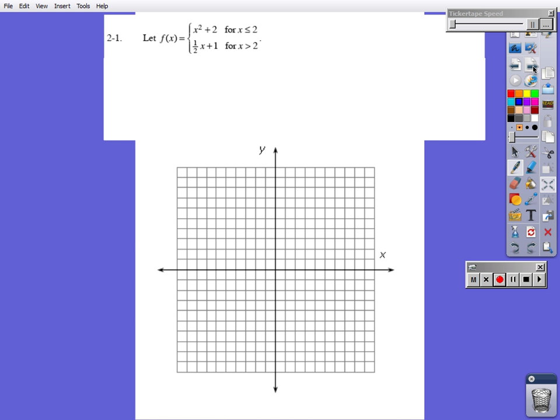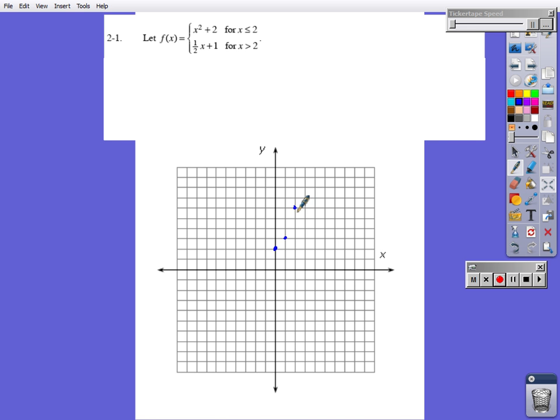I would expect that x squared plus 2 when x is less than or equal to 2 is something we can graph freehand with no tables or calculators, but I suppose that some of you may still be in that place. So x squared plus 2 typically would be a parabola shifted up 2. But we're only talking about when x is less than or equal to 2. So we're going to plot points starting at 2 and to the left of 2.